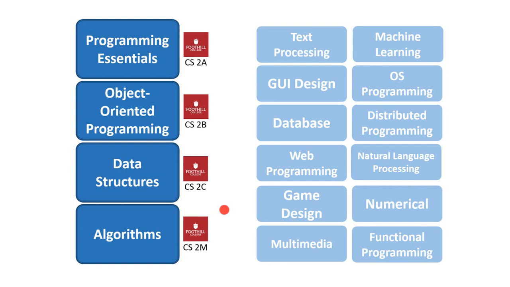More advanced programming courses focus on the design and analysis of algorithms. On the right-hand side, you can see these programming skills being applied to many application fields. And usually these programming skills won't be taught in college, and you need to learn them by yourself.